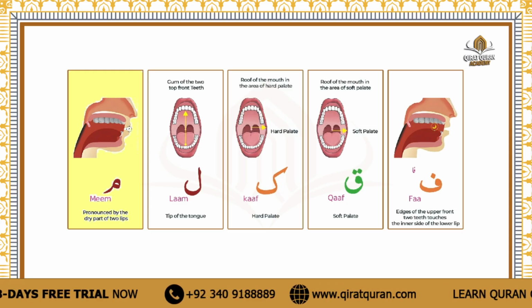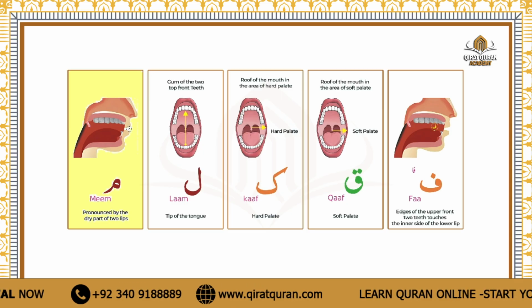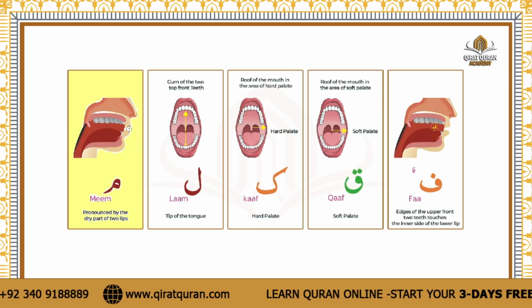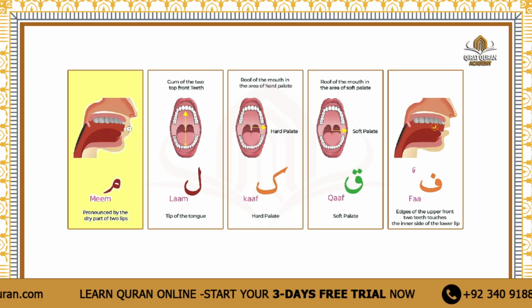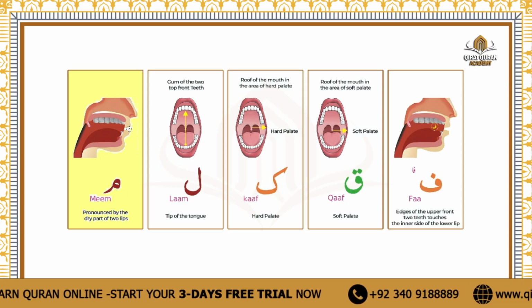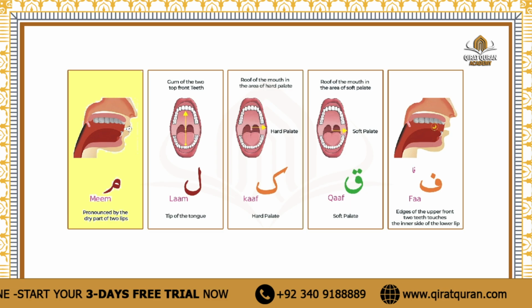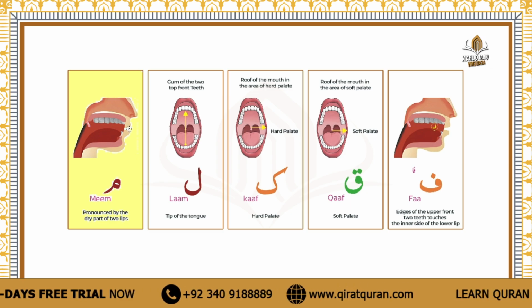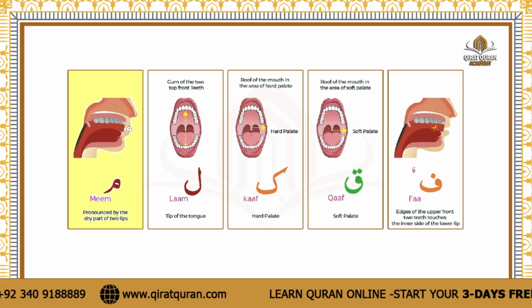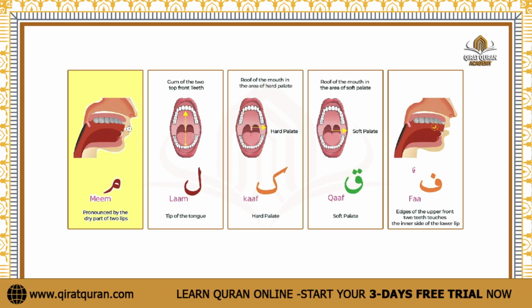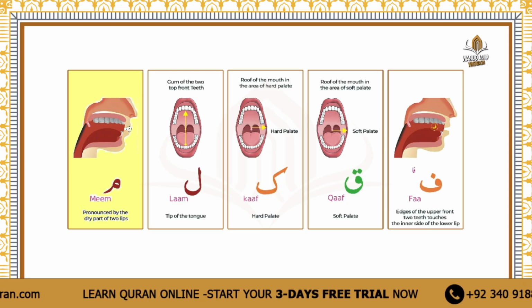Mim. Try to read it accordingly. Mim. The dry part of two lips will connect to one another. This is the dry part of the lower lip and then the dry part of the upper lip. Meme.